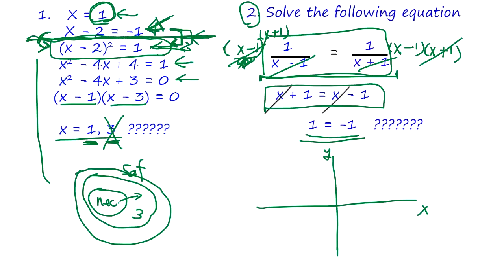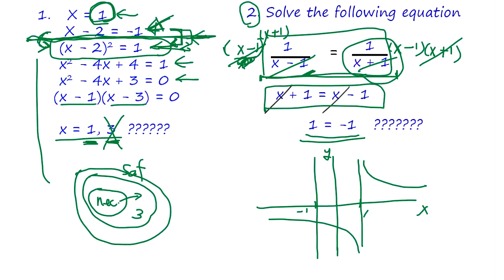And this has a singular point at 1. So the graph looks like that. Okay, how about this guy has a singular point at negative 1, and the graph looks like this and like this.